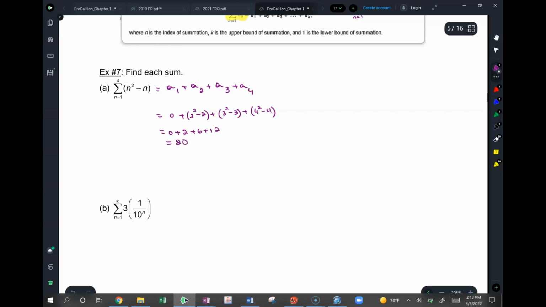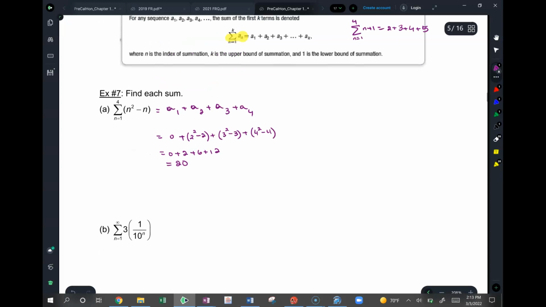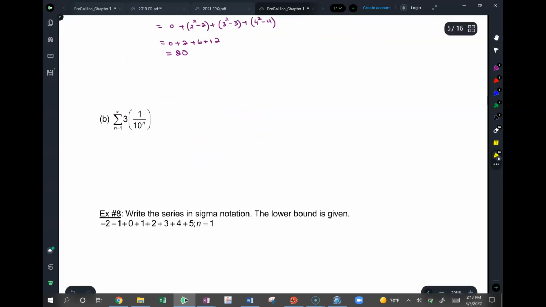Do you do anything with the stuff on top and underneath the sigma? No, you just know where to start and where to end. You know to start at n equals 1 and to stop when you reach n equals 4. This next one, we're going to sum up all of these from n equals 1 to infinity.